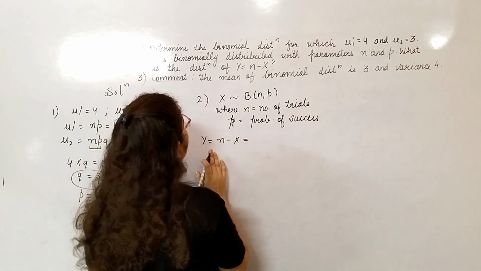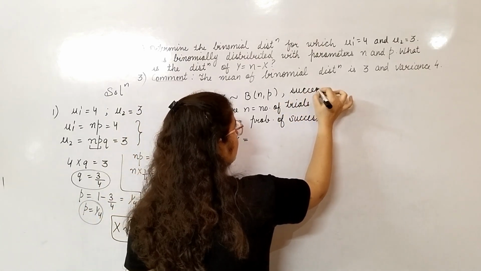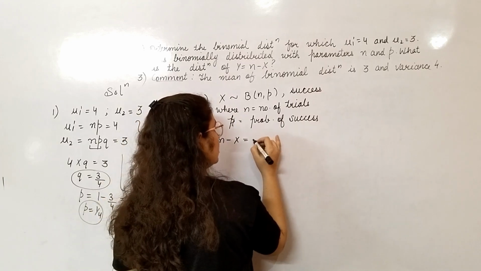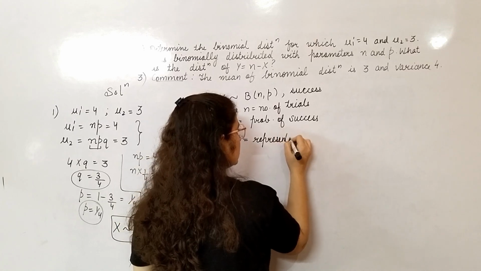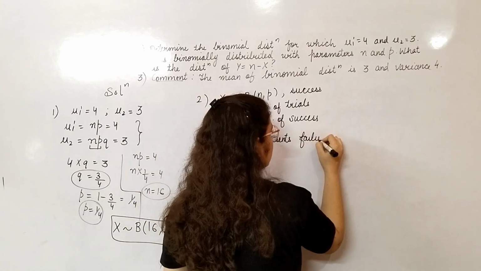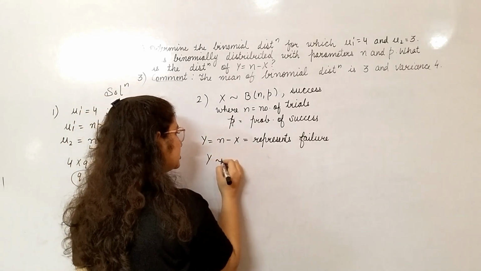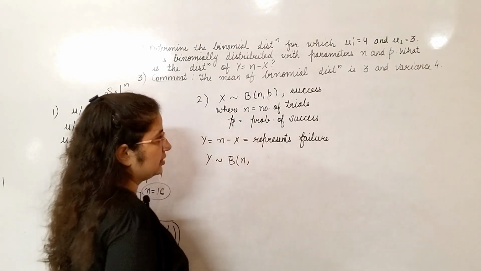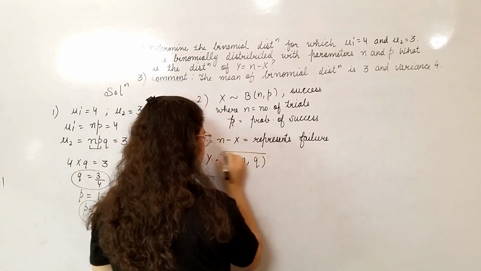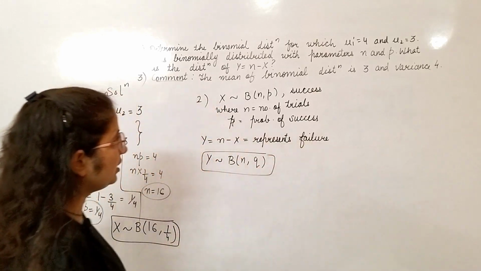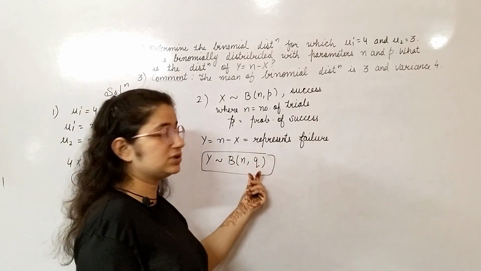Then y represents failure. In total n trials, how many failures you got? So here in place of p, your probability will be q. Because it is the failure, that's why in place of p here we used q.